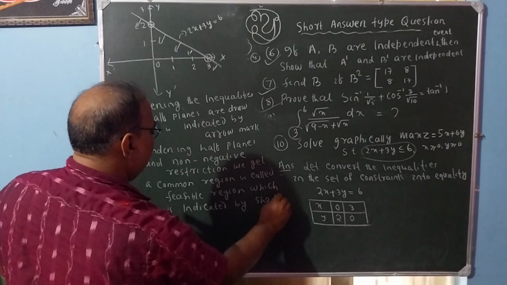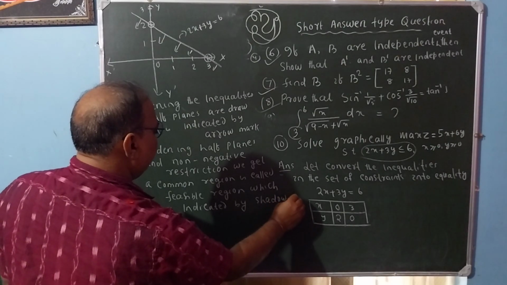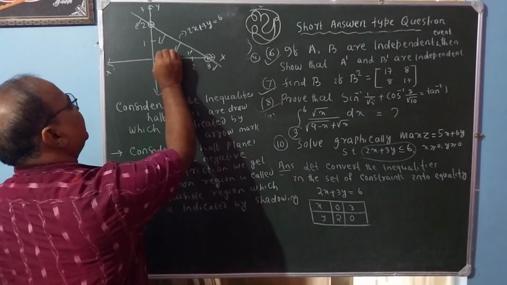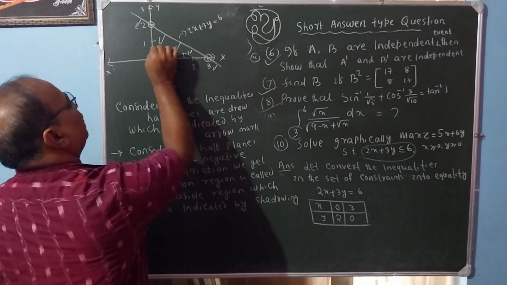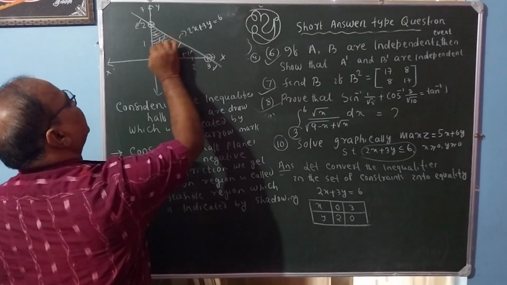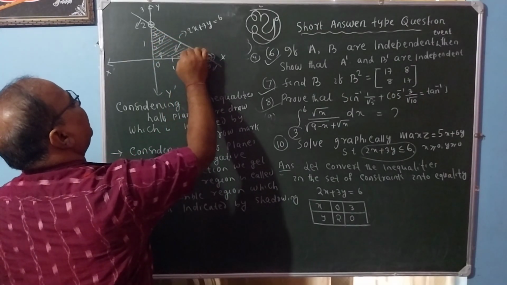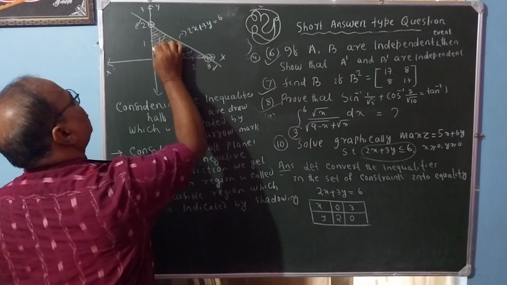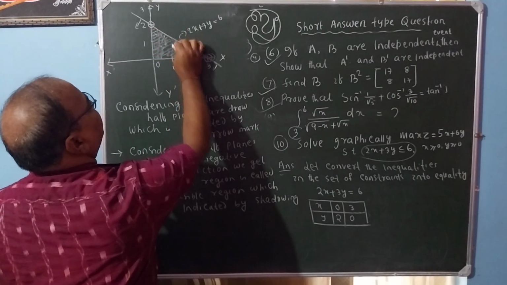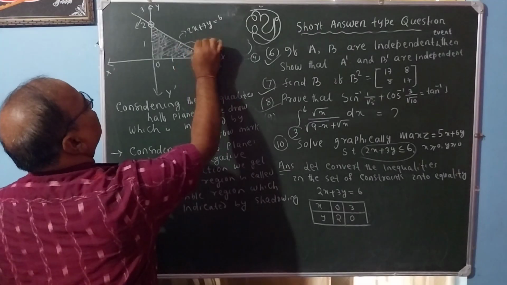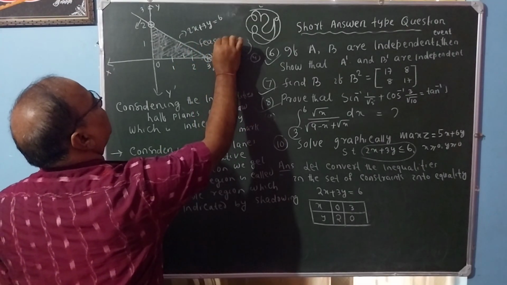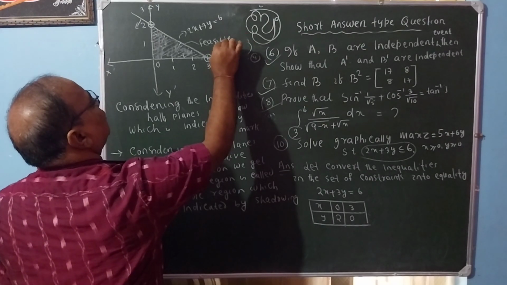Okay, so x positive, here it is x positive, y positive. So this is the common region which is indicated by shading. You have to shade it. Okay, shading it. This is the feasible region. Write down: it is called a feasible region.